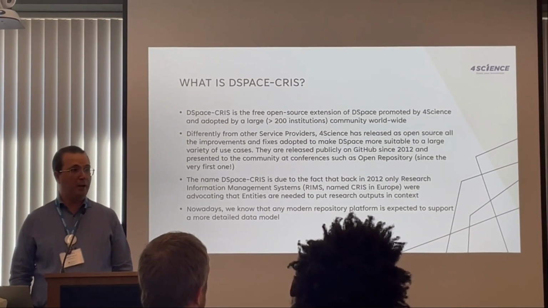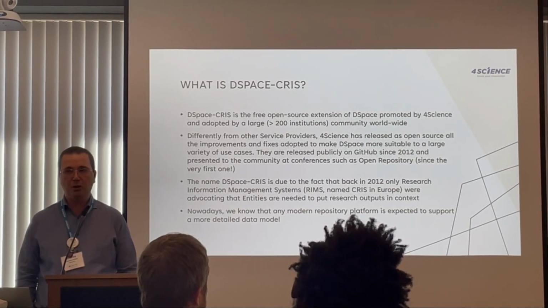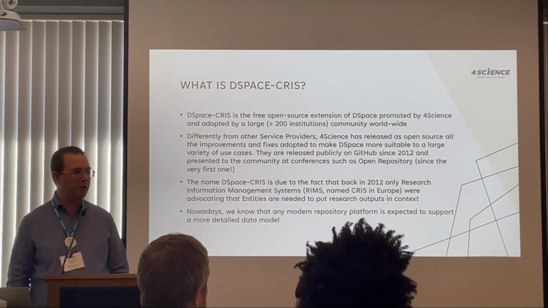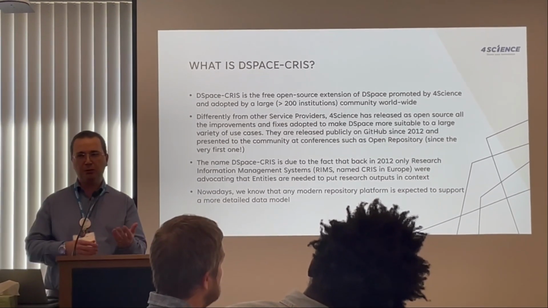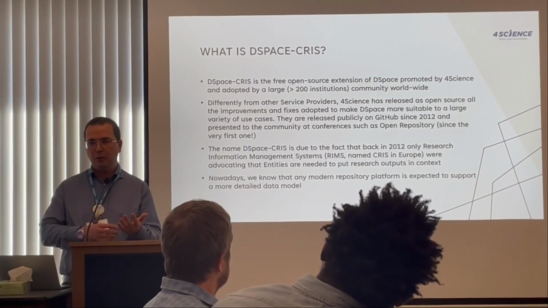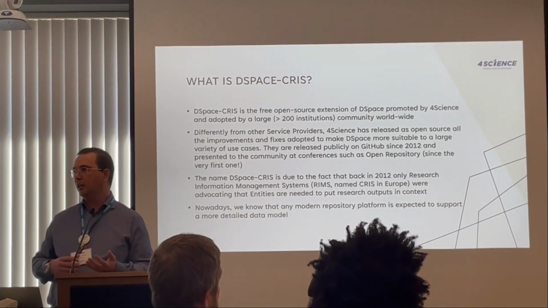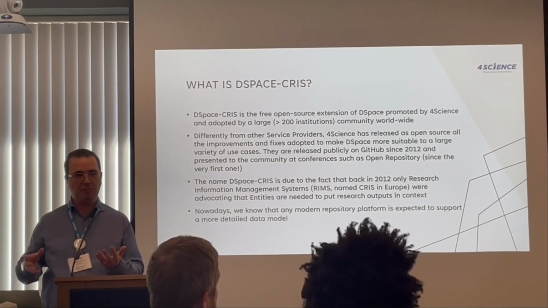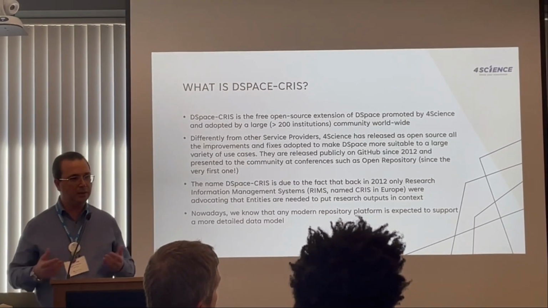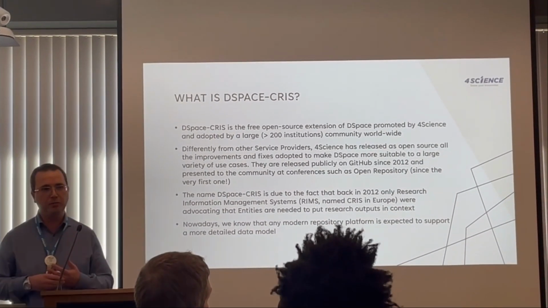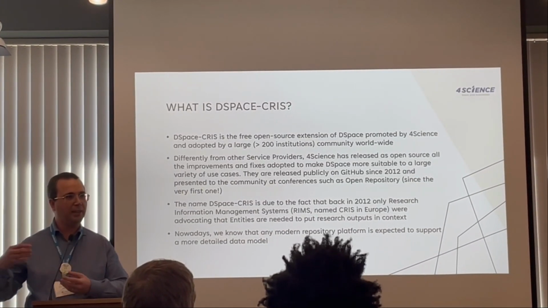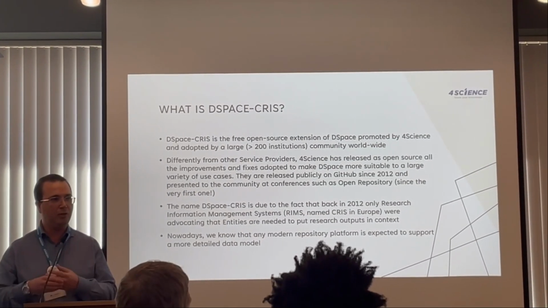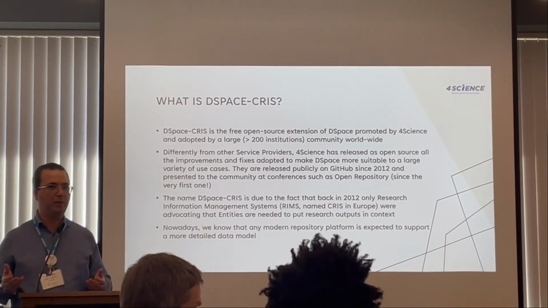Why is it named in this way? Because 15 years ago when we started, we said, okay, we need to put any item into context. It's not sufficient to have string metadata. We need to give more detail about what is around this item. And looking into IT information systems, we saw that the only ones that talk about entities, data models and relations were the Research Information Management Systems.